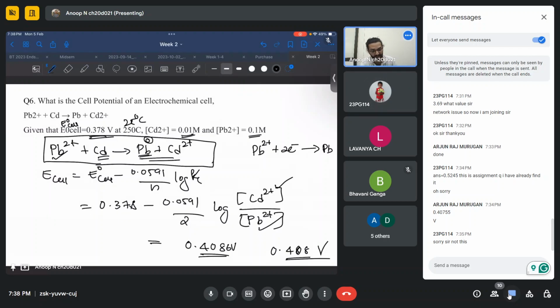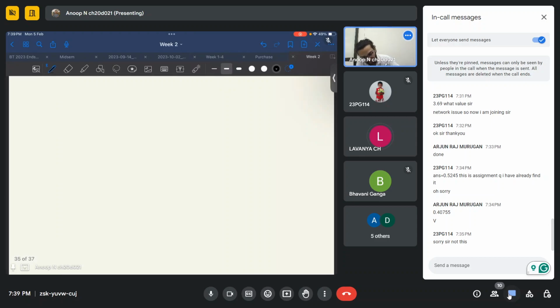Yes, correct only. 0.378 minus 0.0591 divided by 2 log of what is cadmium concentration? 0.01 divided by 0.1. So how can you write this? I'll go to next page.